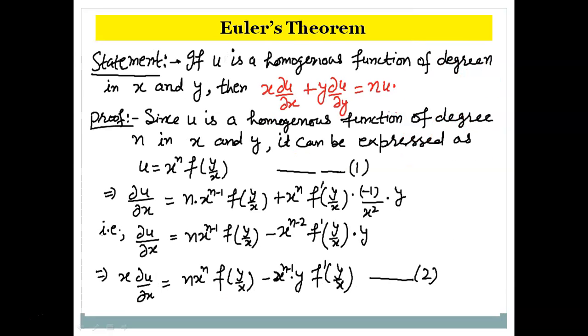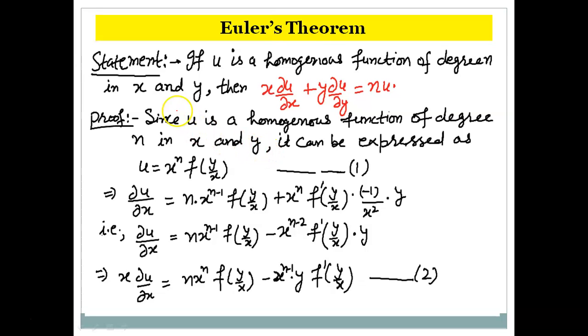So next is Euler's theorem, an important result for functions of two variables, and in fact for functions of several variables. This is a very simplified form. Here we are discussing Euler's theorem for a homogeneous function of two variables whose degree is n.